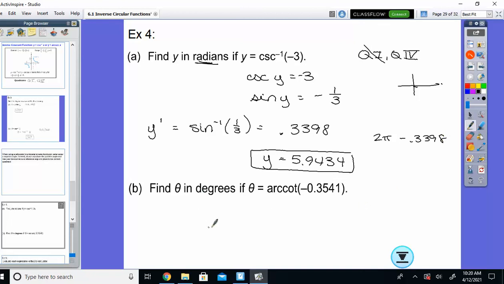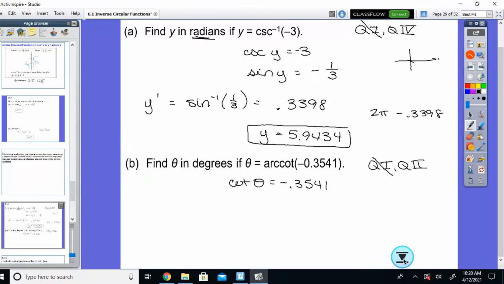Alright, B, I asked for degrees, so change your mode to degrees this time. Okay, arc cotangent of negative 0.3541. So what that means is cotangent of some angle is equal to this. Which quadrants can I be in for arc cotangent? It was a negative, so we're in quadrant 2.